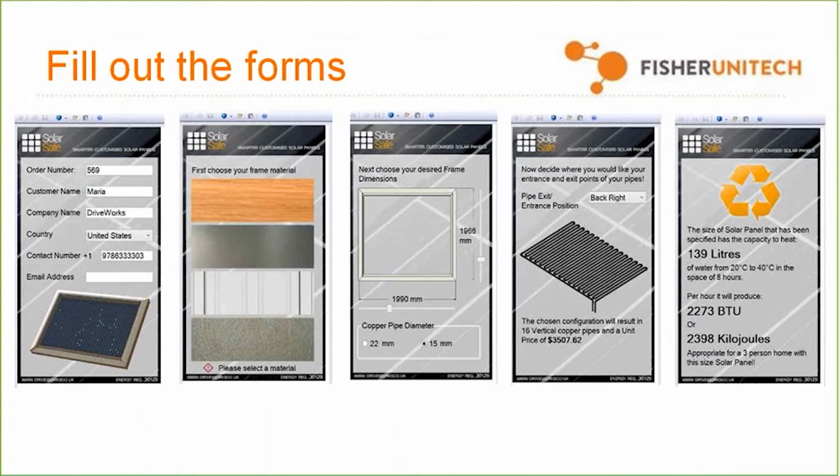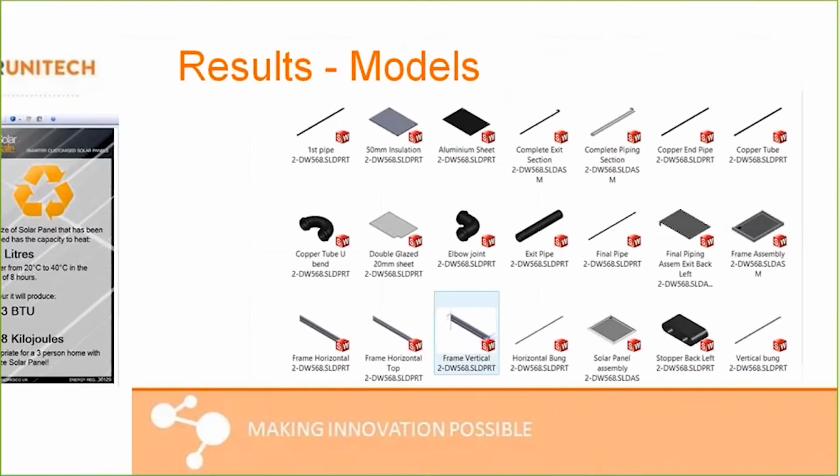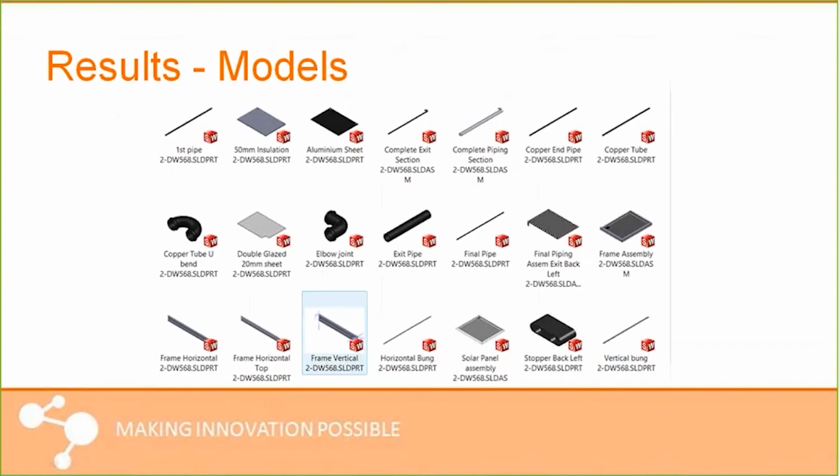So let's say you have specification folder 1 and then specification folder 2. They each correspond to a specific run of that project that you've done. And then you can have that 1 and 2, or in this case, DW568, appended to the end of the file name so that you know what run these particular models came from.